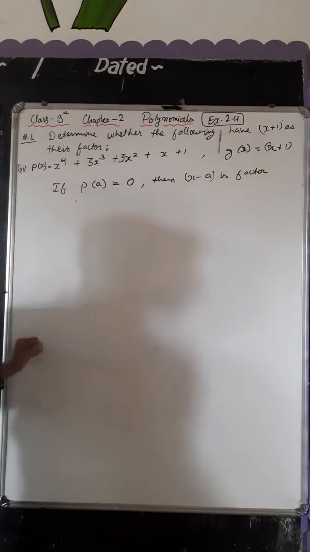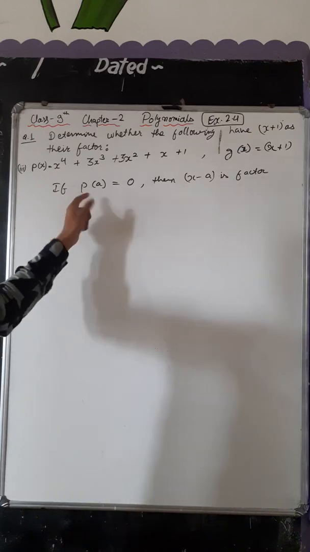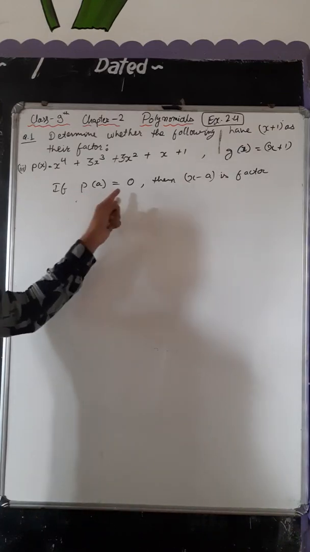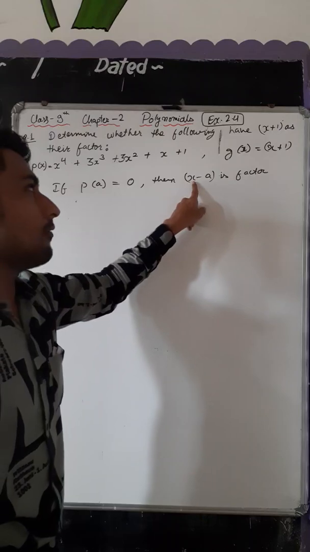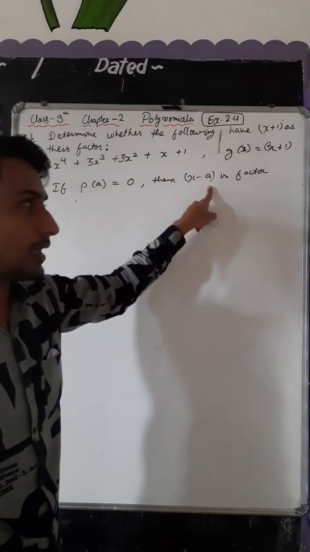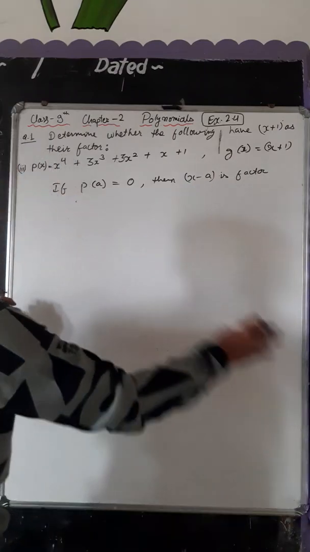This is the factor theorem. Factor theorem क्या होती है कि जो रिमाइंडर आएगा pa should be equals to 0 when divided by x minus a, which is the factor.